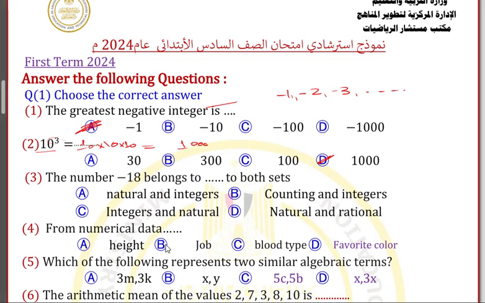Question 3, the number -18 belongs to space to both sets.